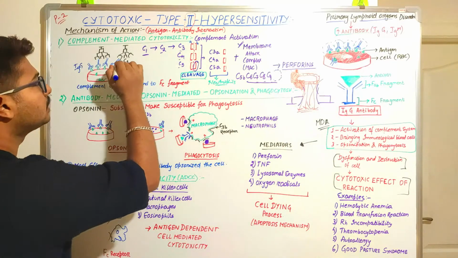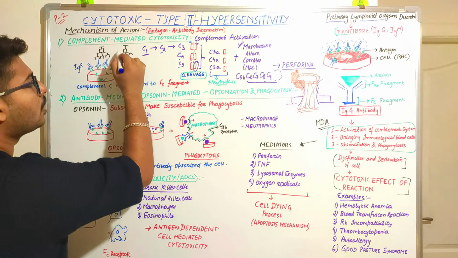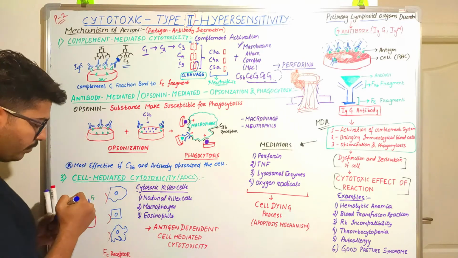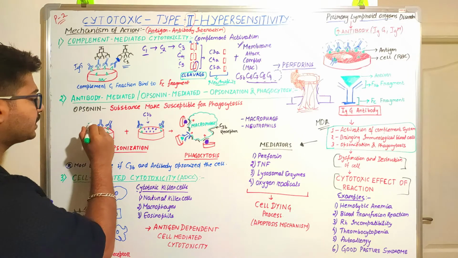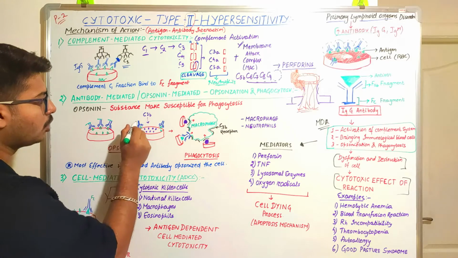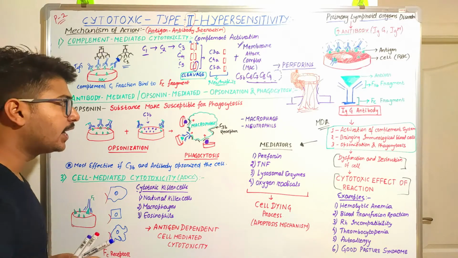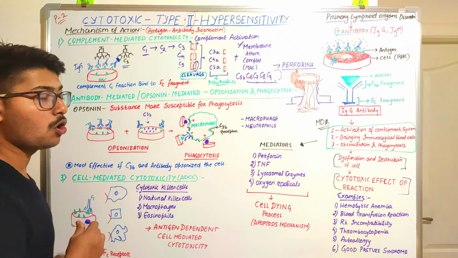In this condition, the FC fragment is bound with the C1 complex or the complement receptors. These receptors are also free, the FC receptors are also free. So what will happen? Antibody mediated or opsonin mediated opsonization and phagocytosis occurs.